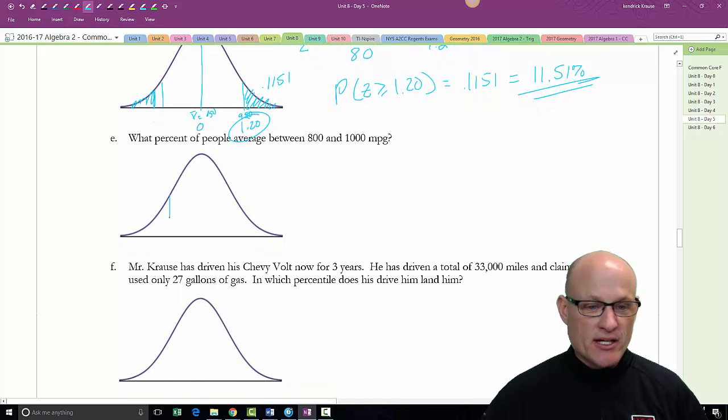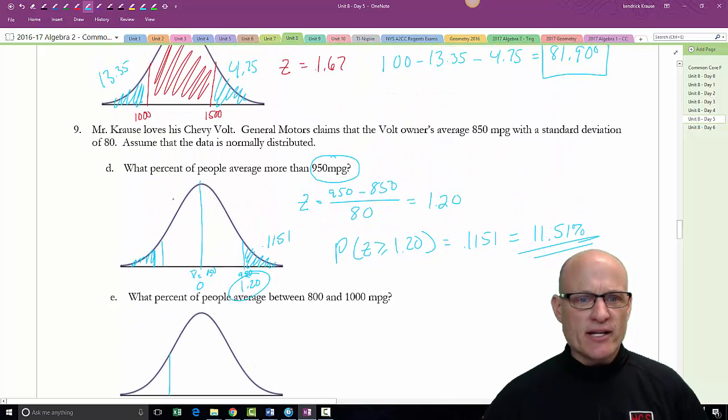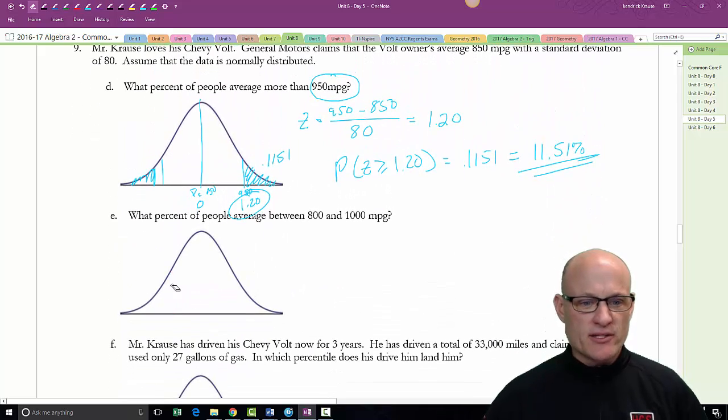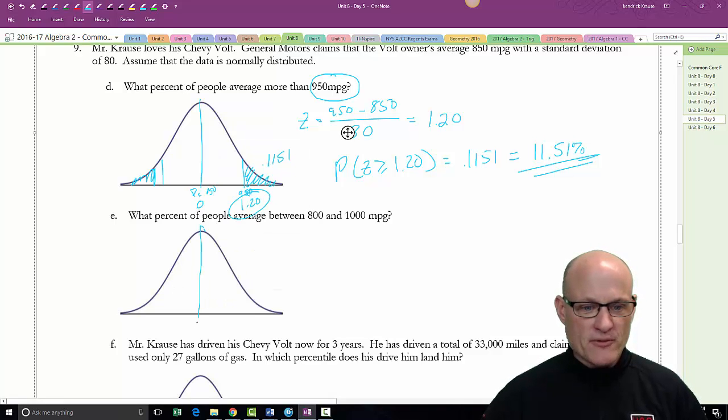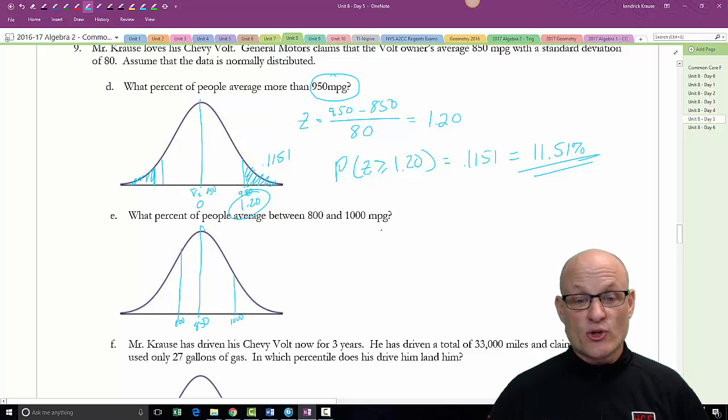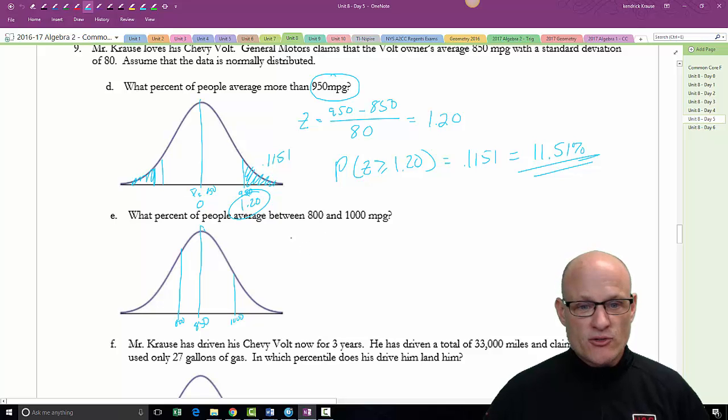So we're going to go between 800. Wait, what's the number? The middle is 850. Okay, so let's make this accurate. The middle is 850. So we're going to go 800 to 1,000. Well, what we want to do is convert each of those to a z-score. So we need two z-scores.